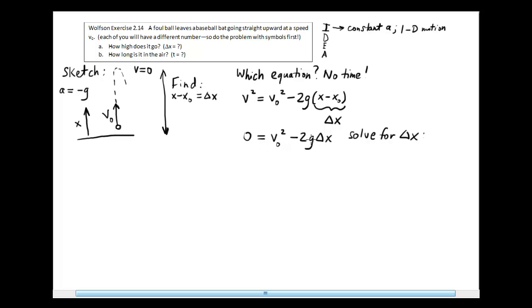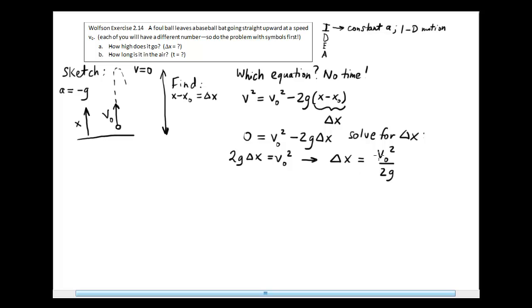We add 2g delta x to both sides, so we get 2g delta x equals v0 squared. Divide both sides by 2g, and here's where we basically get our answer. Delta x is v0 squared over 2g.